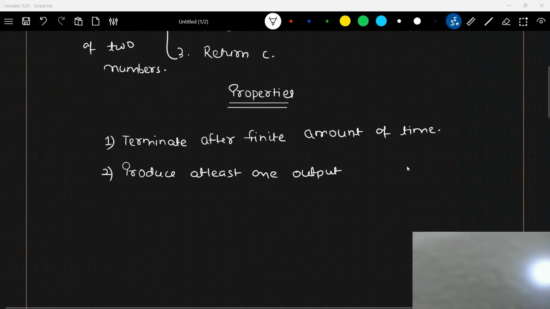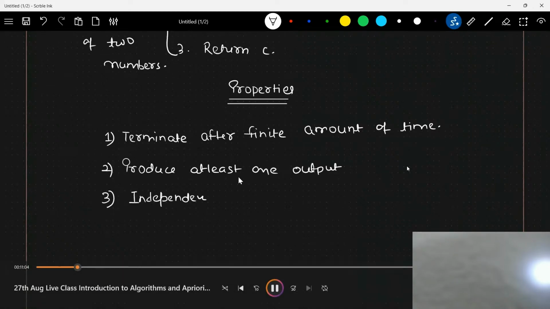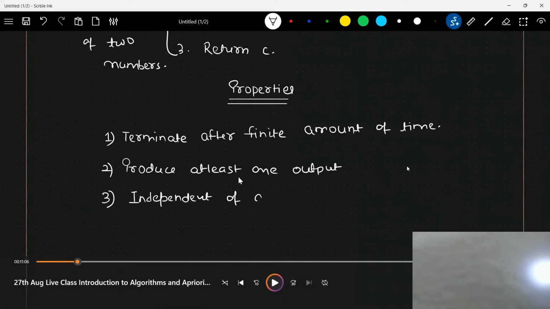The third important property which you need to understand here is that it is independent of any programming language. It is independent of any programming language.